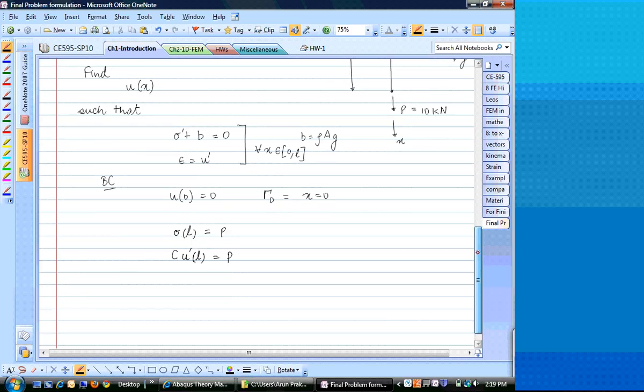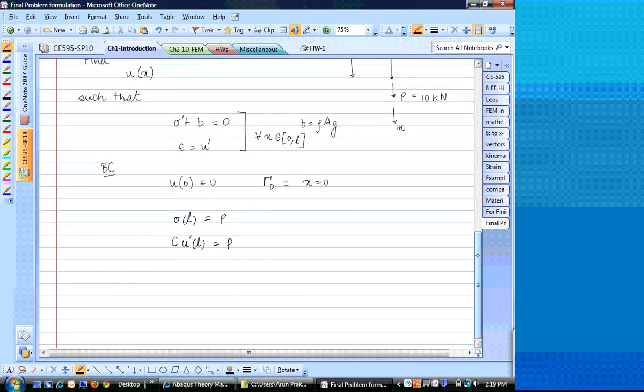So how do I solve this equation? Can I solve this equation? How should I go about solving it? Find u such that all these things are satisfied. I can express this as (C u prime) prime plus my body force, which is rho A g, equal to 0.